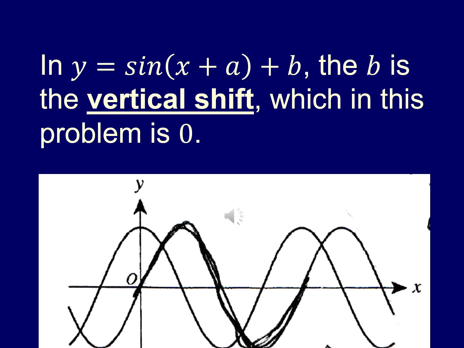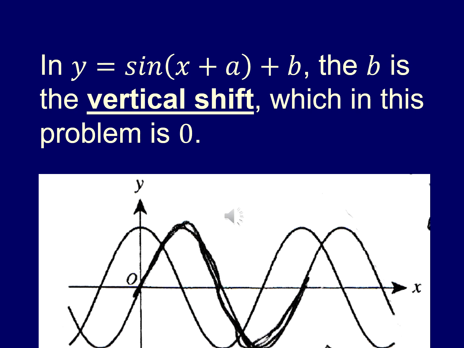So what's really important in this problem is what do those a and b mean in a problem like this? And in this one, all that really matters is the b. And what a number at the end means is a vertical shift. It's how much you take a graph and push it up and down.